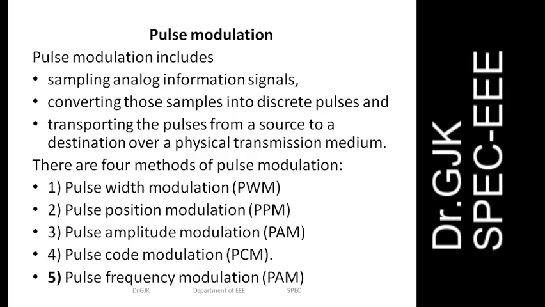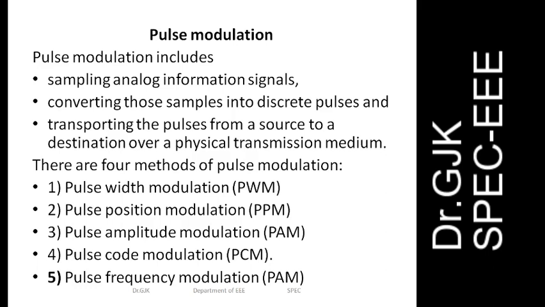So x1, I told you, at time t1 its value is x1. That x1 value will be converted into pulses based on its magnitude. Then these pulses are transported from source to destination with a physical transmission system.